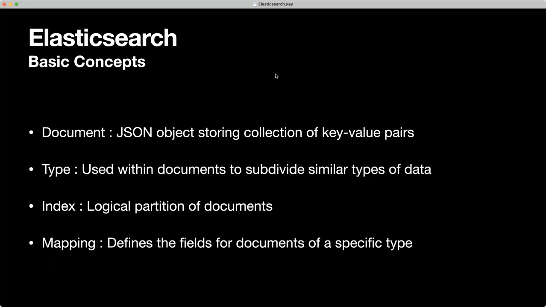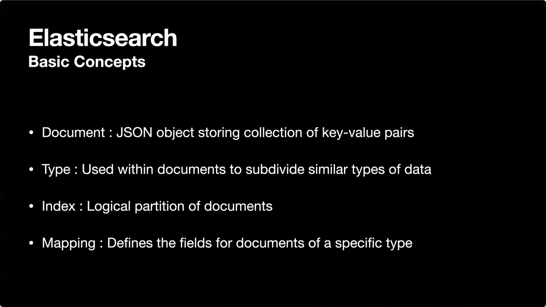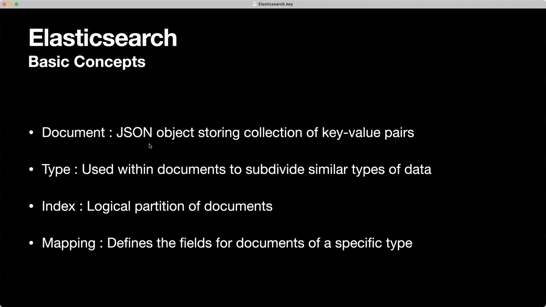Okay, so let's look at the basic concepts in Elasticsearch. We'll quickly go through these since we have limited time left. So we have a document, which is just a JSON object, storing a collection of key value pairs. Each of the values can also be complex objects in themselves, but overall a document is just a full JSON object. If you're familiar with relational database management systems, you could compare this to a row in a table.